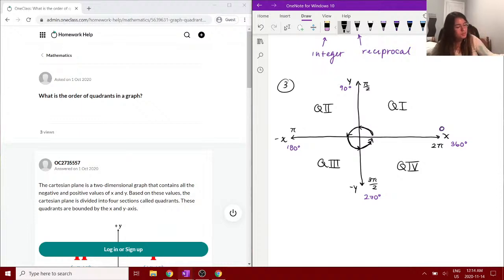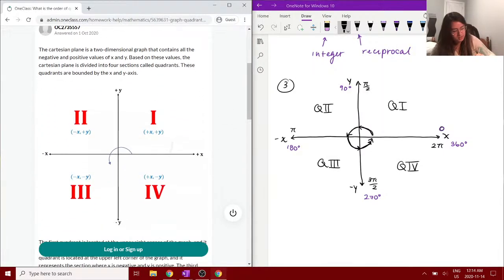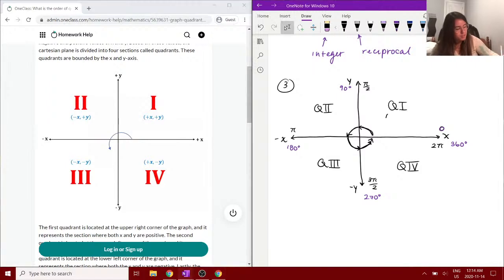Okay, and so basically, I guess the last thing that we have to label here is that when you're in a quadrant, you're able to tell automatically what sign x and y are in the quadrant. So in the first quadrant, we're on the positive half of the x-axis, and we're also in the positive half of the y-axis, so we have positive x and positive y.